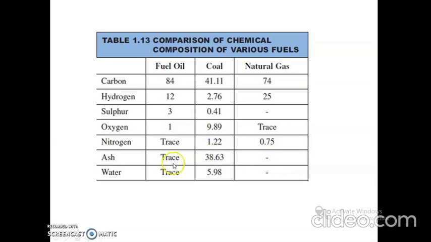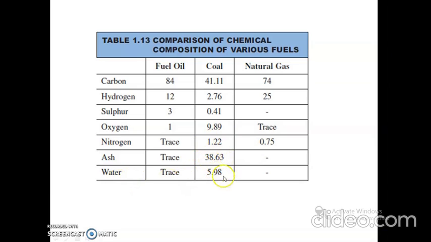In the case of fuel oil, it is traces, depending on the quality of fuel. But when it comes to coal, meaning a solid fuel based boiler or furnace, you must design the ash treatment system in that boiler in order to handle the huge amount of ash which comes out of the furnace.